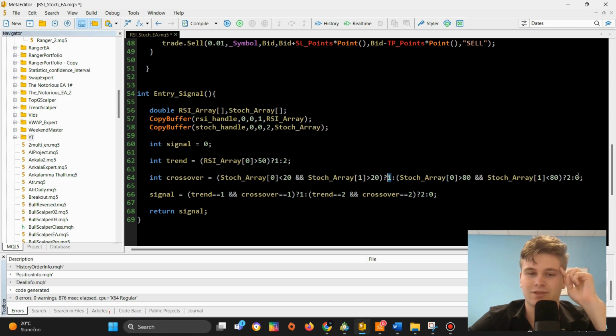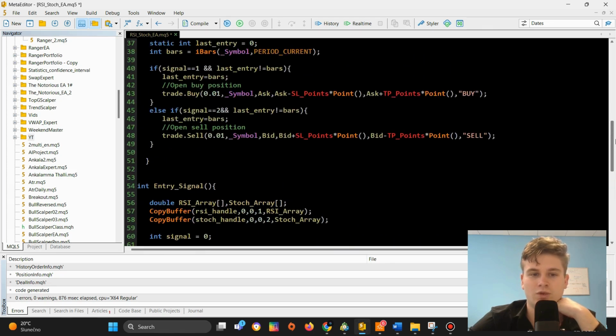So this seems fine. And then I check: if trend is equal to 1, therefore it's an uptrend, and crossover is equal to 1, I should buy. Then I assign a value of 1, which should be okay. And then the same goes for the sell side. So there shouldn't be an issue in here.